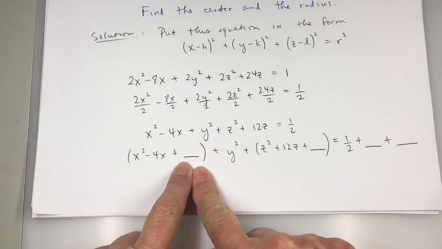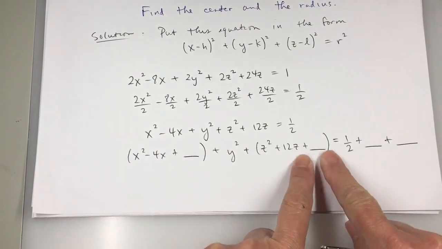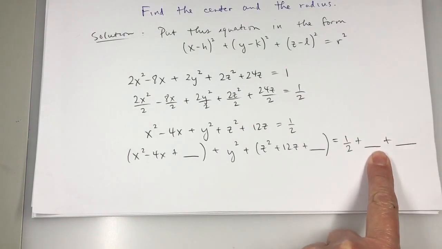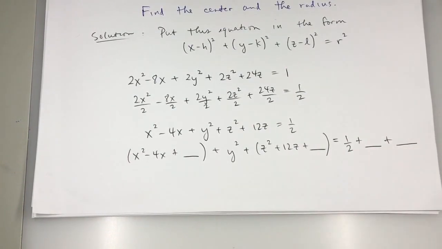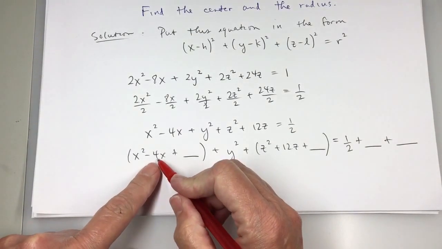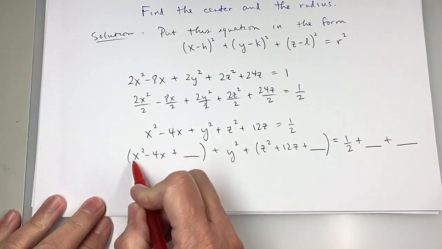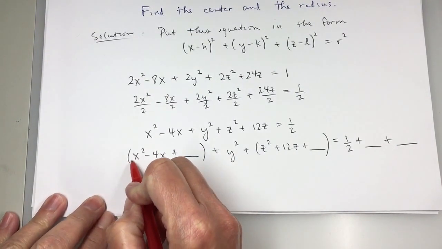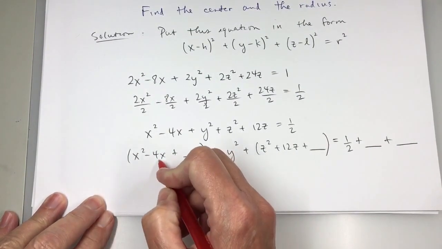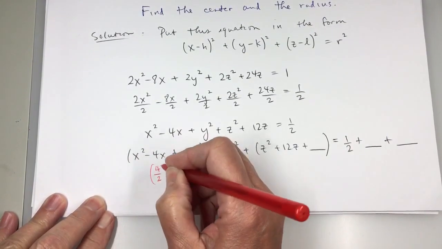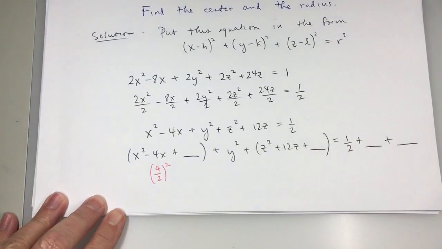So I've got the blank with the x's and the blank with the z's, and over here in these blanks, I will fill in whatever number I put to complete the square. To complete the square, as long as in front of x squared you have a 1, whatever's in front of x to the first, we'll take that number, cut it in half, and square it.